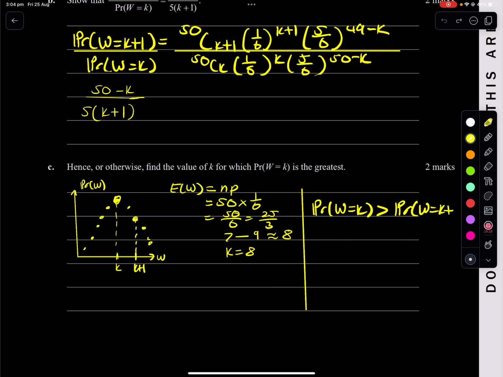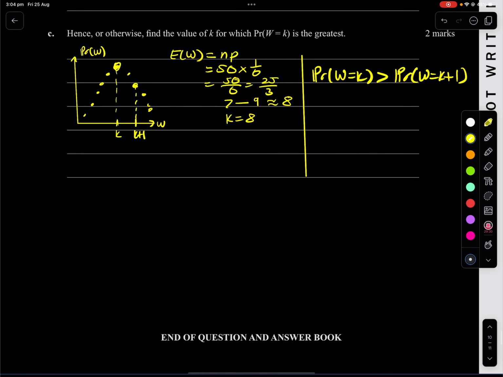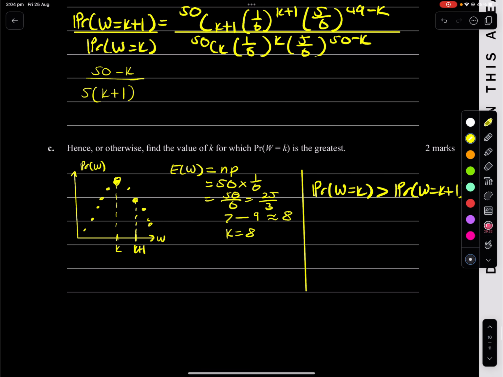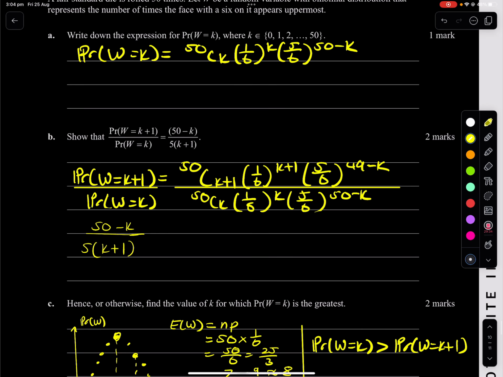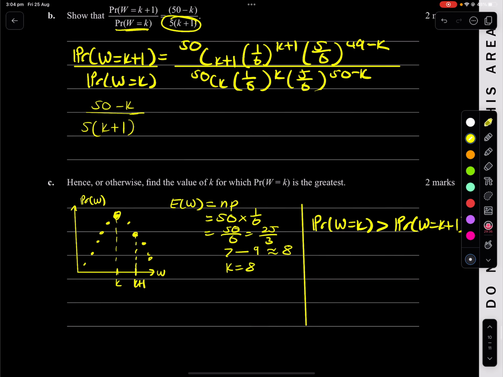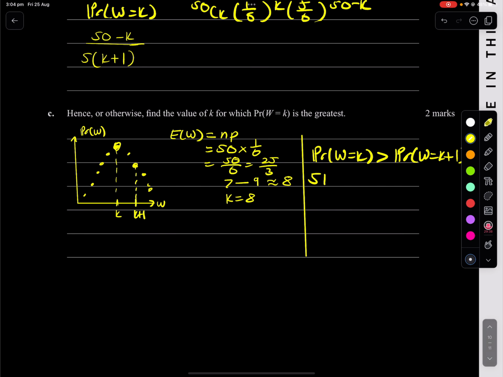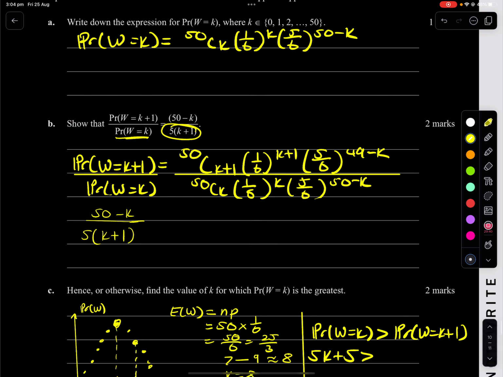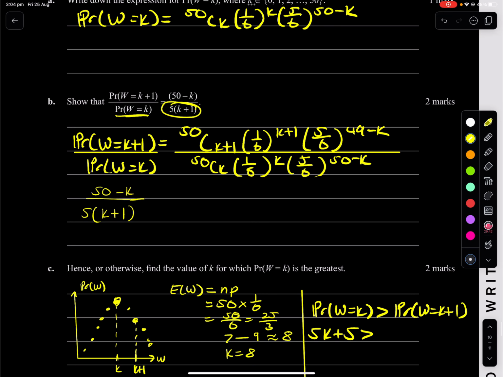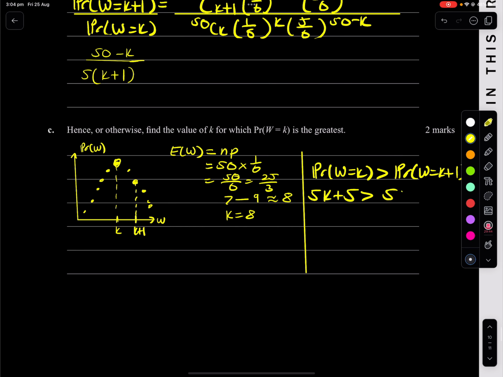That's a true statement. And we know that the probability of W equals k is this one over here, 5k plus 5, just expanding it, greater than the top of it, which is k plus 1, 50 minus k. Yes, that'll be 6k greater than 45. K is greater than 45 over 6.